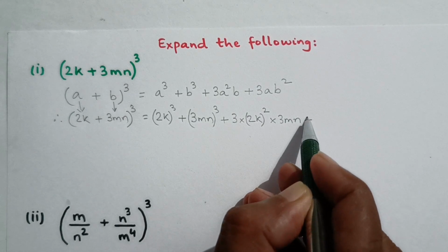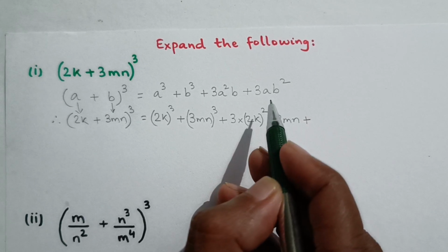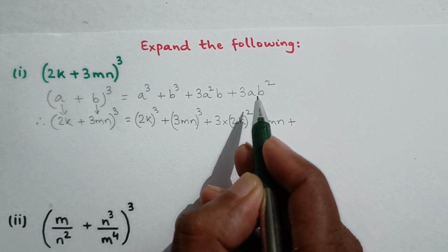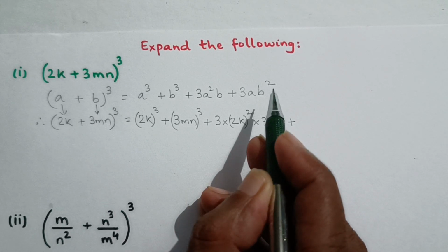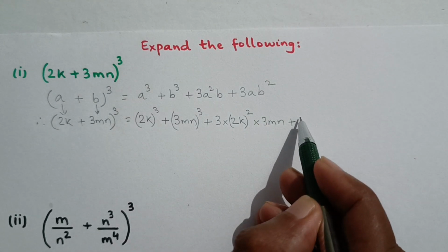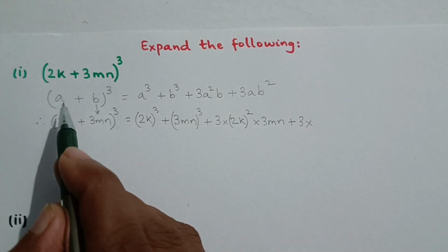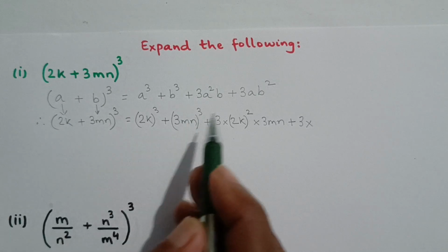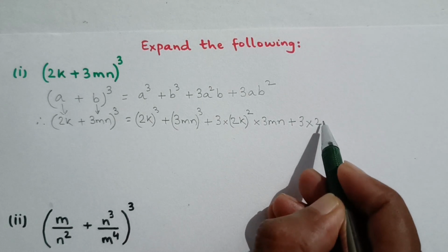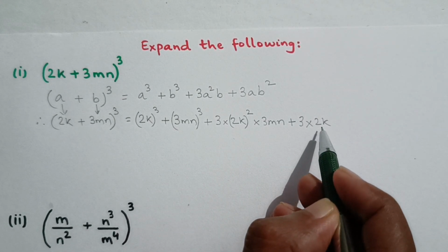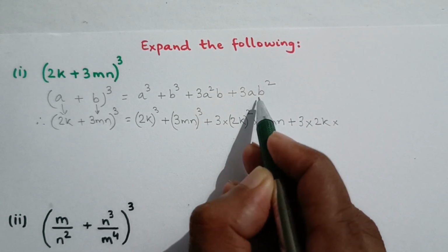plus 3ab square. Now 3ab square means 3 into a into b square. So 3 into a. Now I know that a corresponds to 2k. So instead of a I will write 2k into b square. So into b square.